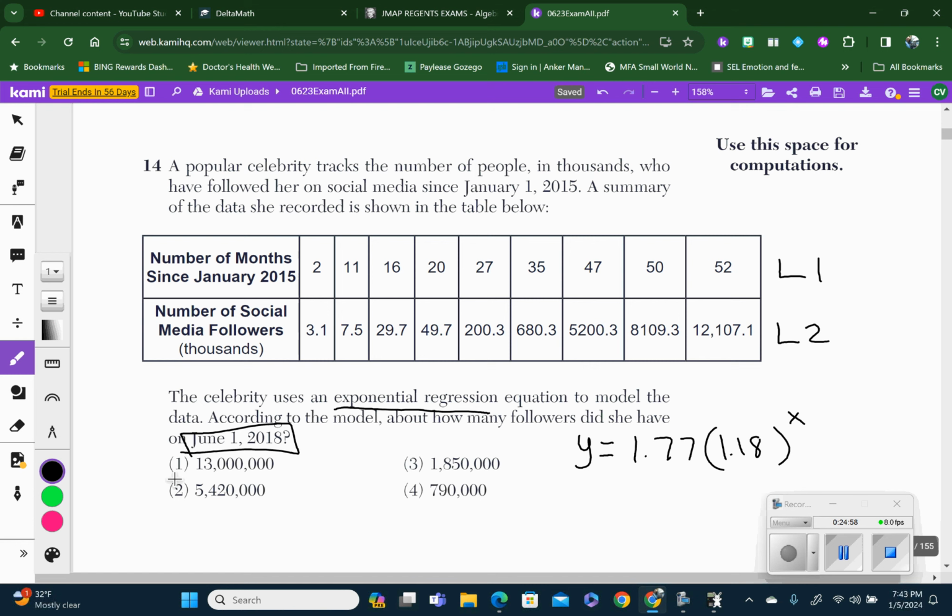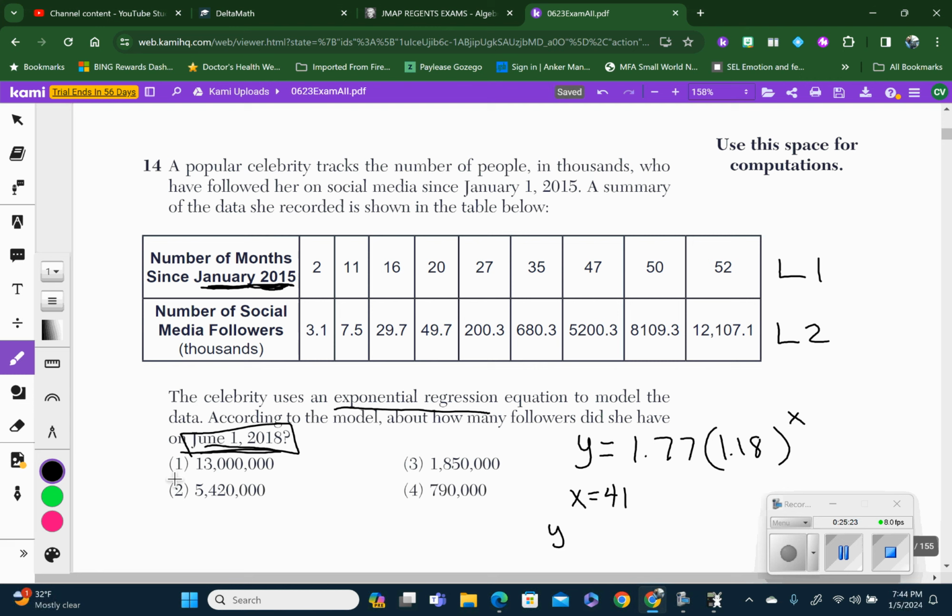If we take a look at the number of months since January 2015, how far away is June 1st, 2018? That's 3 years and 6 months, so that is going to be where x is equal to 41. So we take 41 and we plug it in for x.